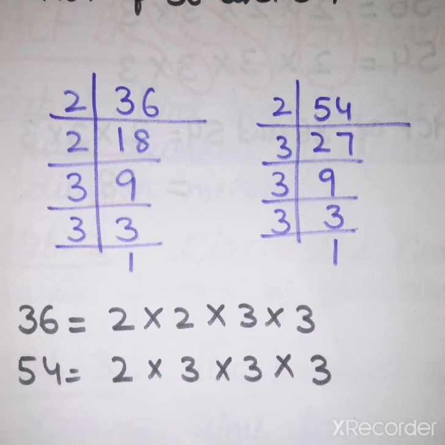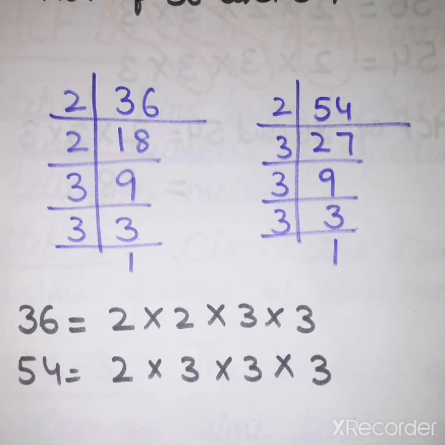Now students, you can see that the next number, that is 3 in 36, is making a pair with the second prime factor of 54. So we will make the pair of these 3 and then again the last prime factor of 36 and the third prime factor of 54 is again making a pair.